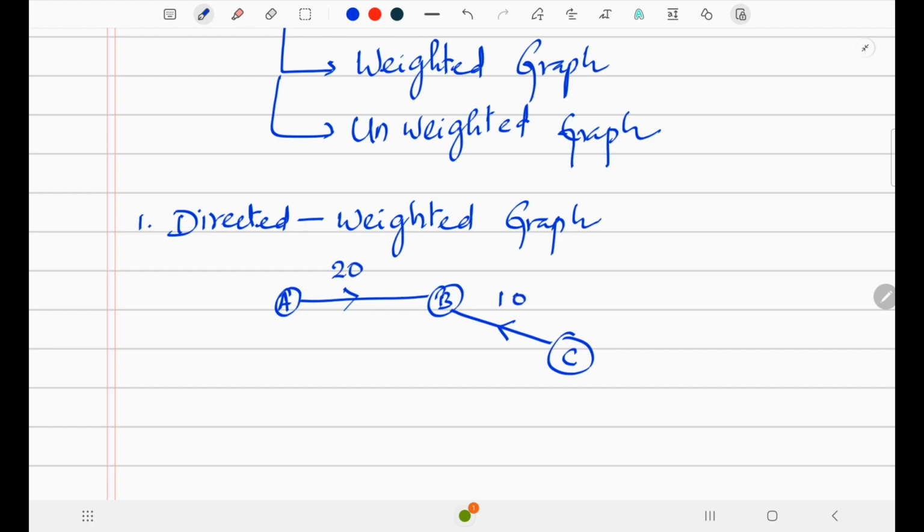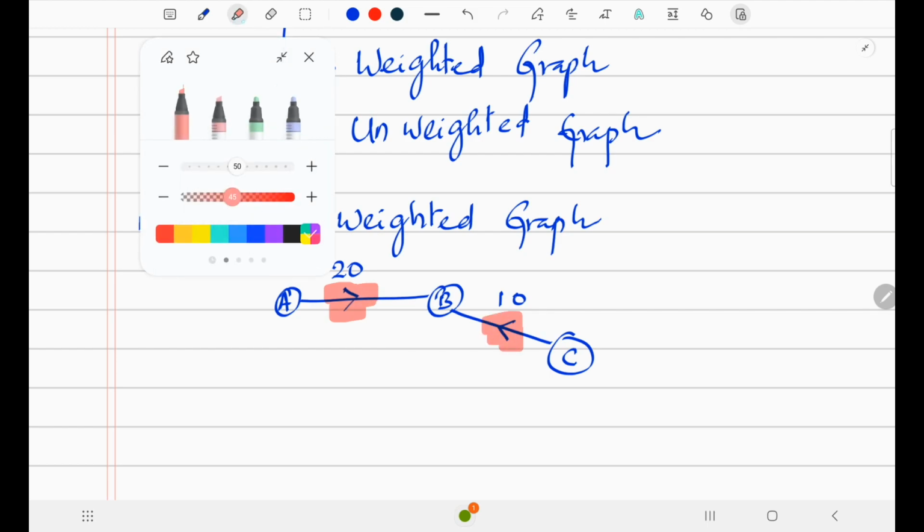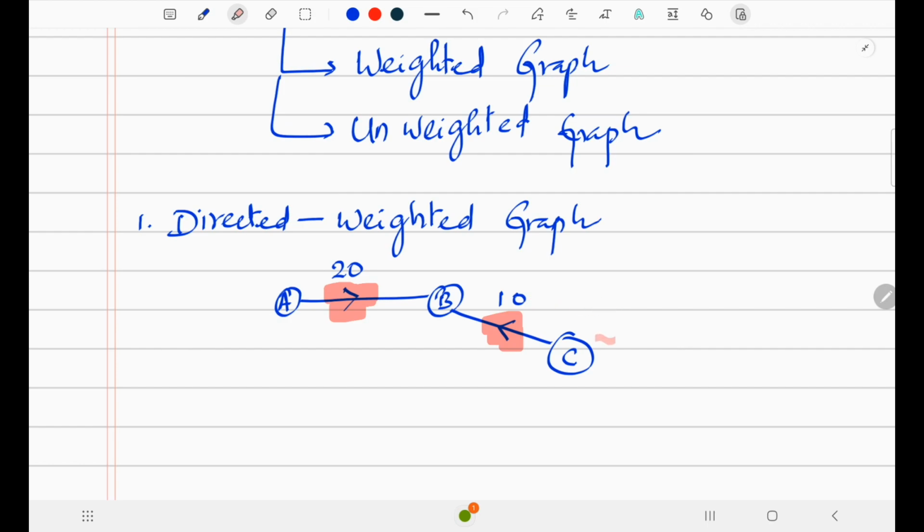We can move from A to B, but we cannot move from B to A, and each edge has some weightage, or cost, of the traversal from A to B or C to B. Here 20 and 10 are the costs. So this is a directed and weighted graph.